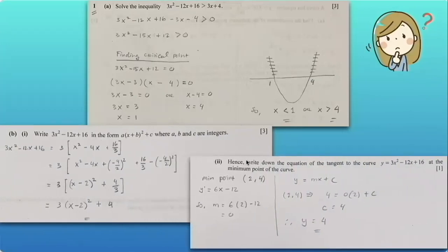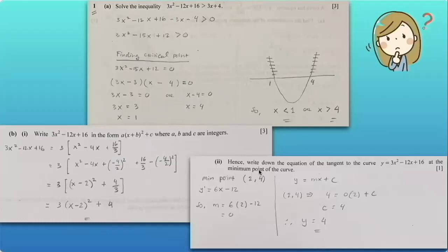And next, the question says hence, means use the previous result. So hence write down the equation of the tangent to the curve y at the minimum point. To generate a tangent equation, we need a point, in this case, the minimum point, and we need gradient.